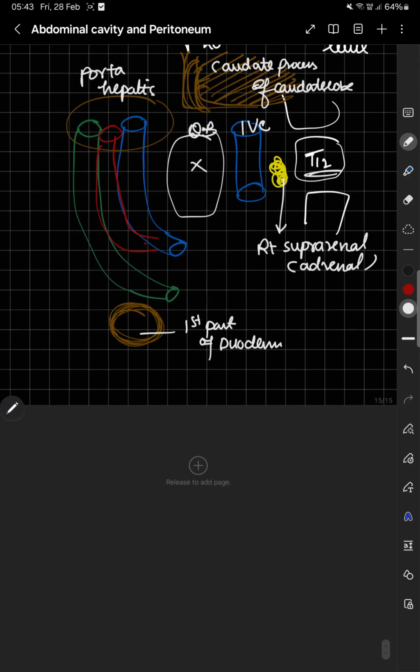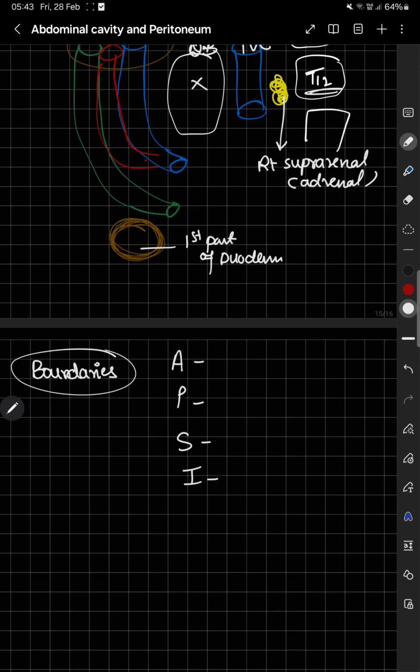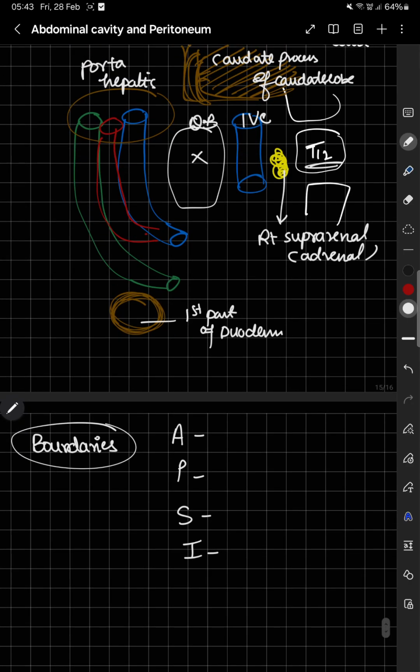So now if we will be discussing about the boundaries right now, we have the anterior, posterior, superior and inferior. So anteriorly we have the right free margin of the lesser omentum, which would contain our portal vein, hepatic artery and bile duct. And we have to remember that the hepatic artery is anterior to the portal vein, and the bile duct is towards the right side of the hepatic artery.